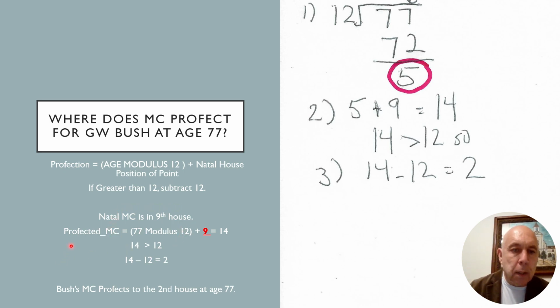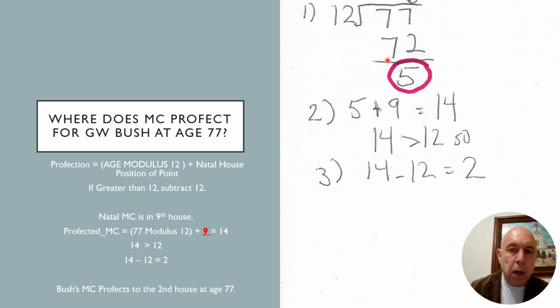So our formula would be perfected MC equals 77, his age, modulus 12 plus 9, 9 being the natal house where his MC is. All right. I didn't get all of this in the screen, so 12 goes into 77 6 times, that's 72. So we have a remainder of 5.